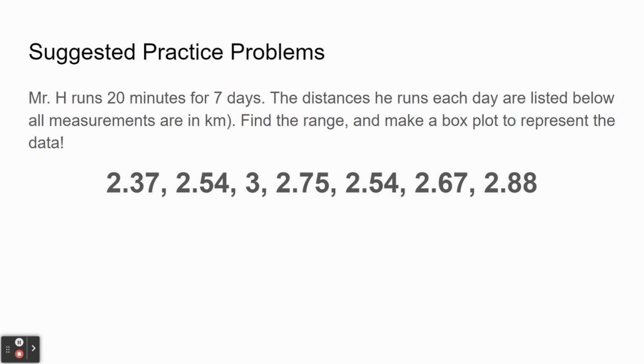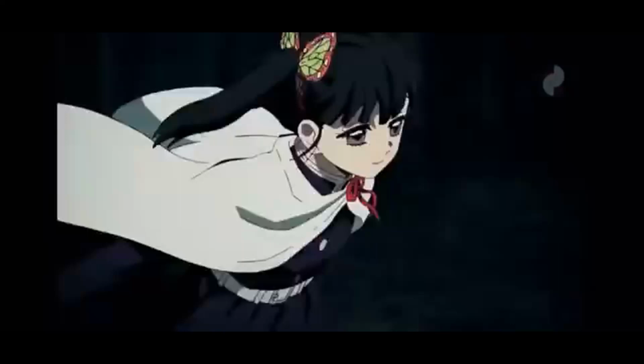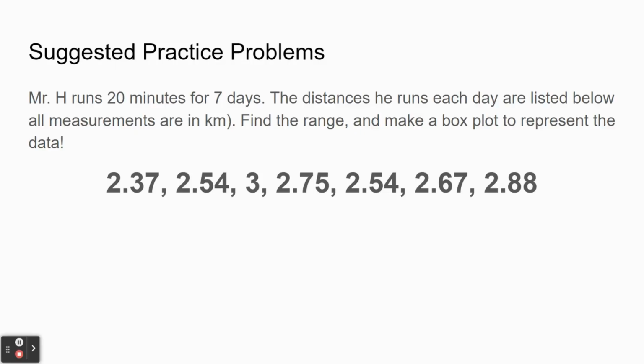So suggested practice problems for today. We're going to use the same suggested practice problem from the previous video, in that Mr. H runs 20 minutes for 7 days. The distances he runs each day are listed below.